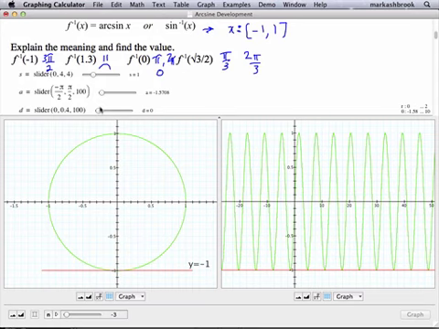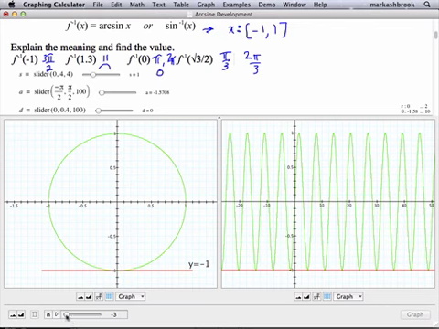So our input is a vertical distance. Here's y equals -1. This is showing angle versus vertical distance. So what angles give a vertical distance of -1? There's lots every time we go around the circle. Every time you keep going around, you hit the bottom of the circle, you hit -1.